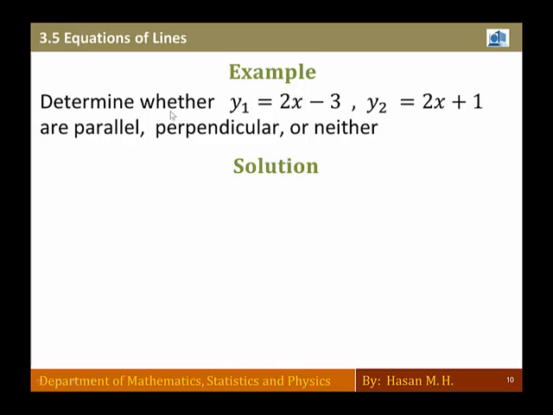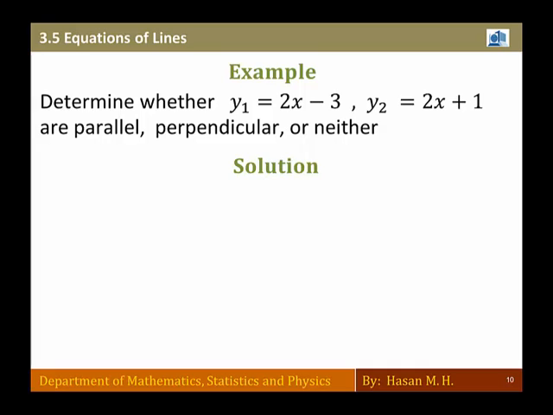Example: determine whether y1 equals 2x minus 3 and y2 equals 2x plus 1 are parallel, perpendicular, or neither. To determine this, we must find the slope of the two lines.